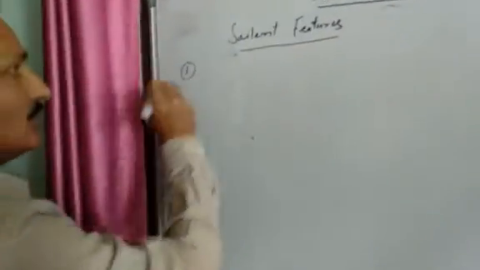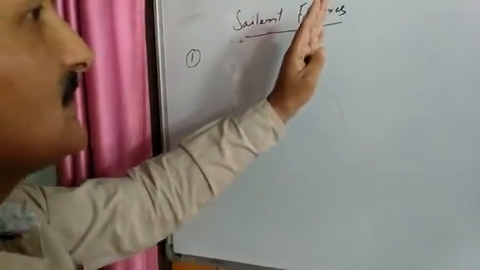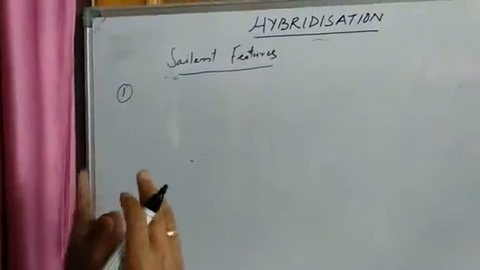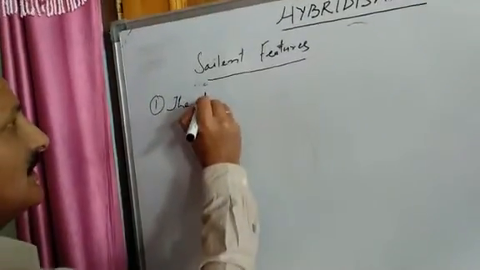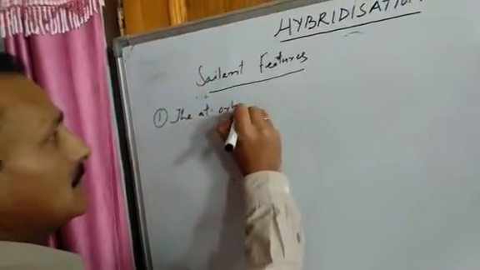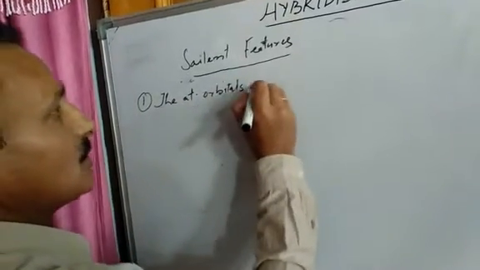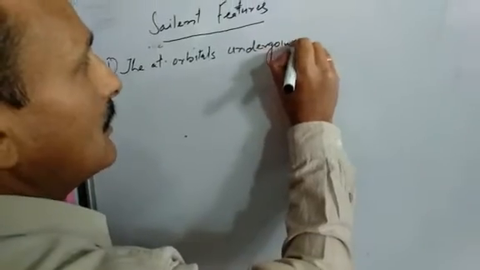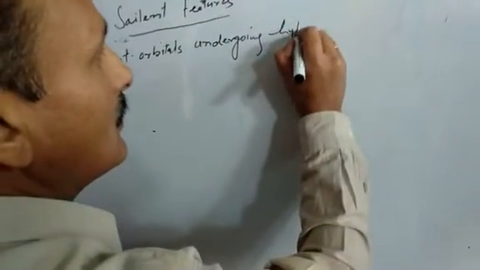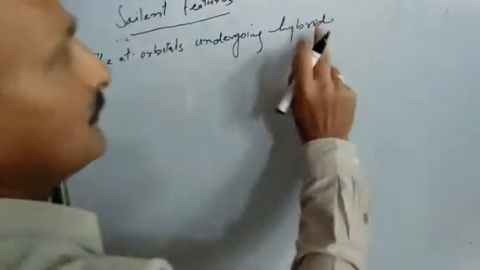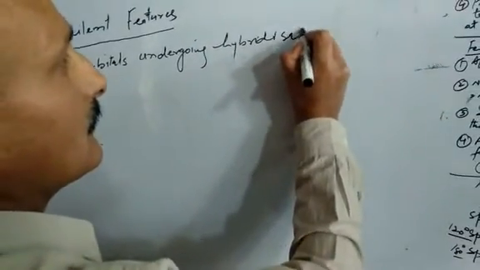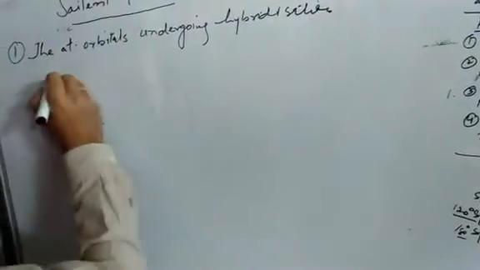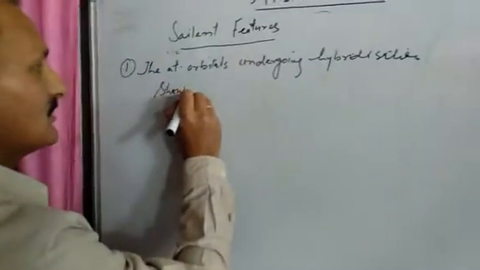As I just told you, when hybridization takes place, the hybridizing orbitals should have approximately the same energy.